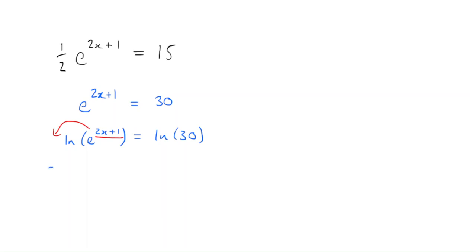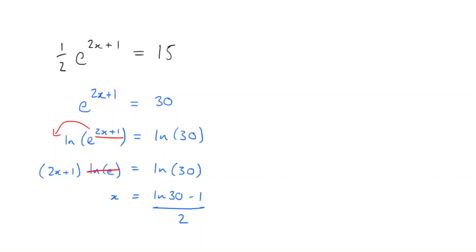I end up with 2x plus 1 times the natural log of e. Remember that the 2x plus 1 must be in brackets, because it's the whole thing multiplied by ln e, which is equal to ln 30. You remember that ln e is equal to 1 because it's just log base e. So 2x plus 1 is equal to ln 30, which means that 2x is equal to ln 30 minus 1. And therefore x is equal to ln 30 minus 1, divided by 2.